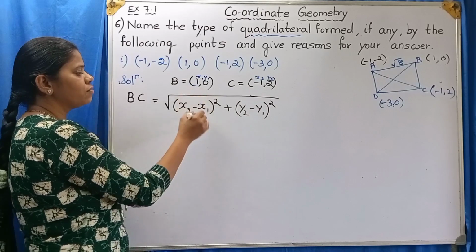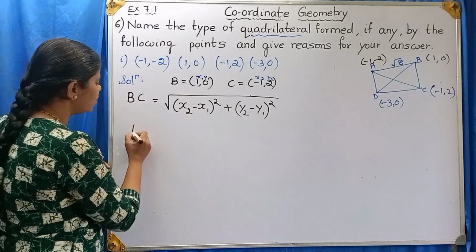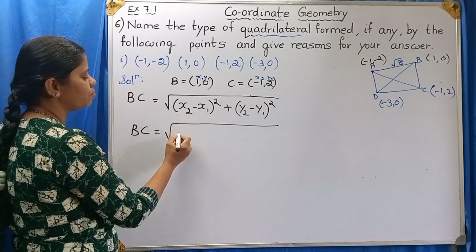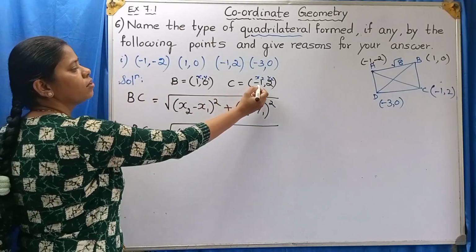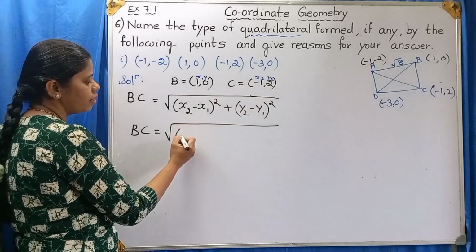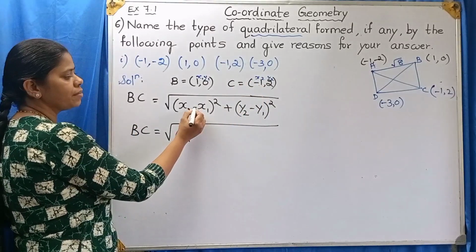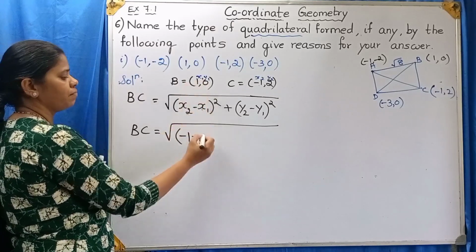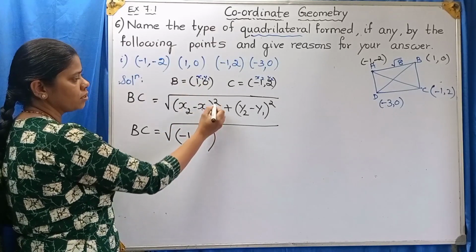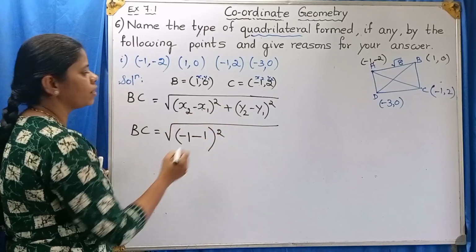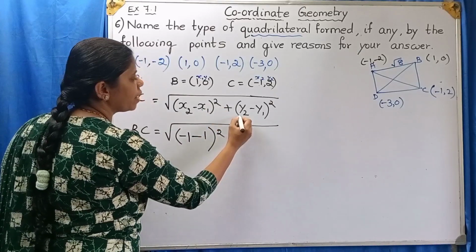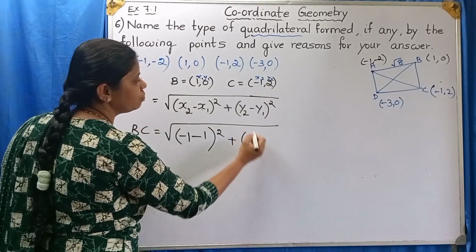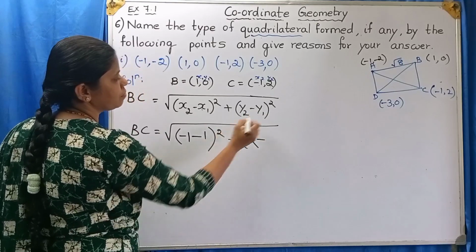Now let us substitute these values here. BC is equal to square root of, bracket open, x2. x2 is what? Minus 1. Let me write minus 1. For this minus symbol, let me write minus x1. The value of x1 is 1. Bracket close. For this square, let us write square. Plus, bracket open. Value of y2 is 2. For this minus, let me write minus y1.